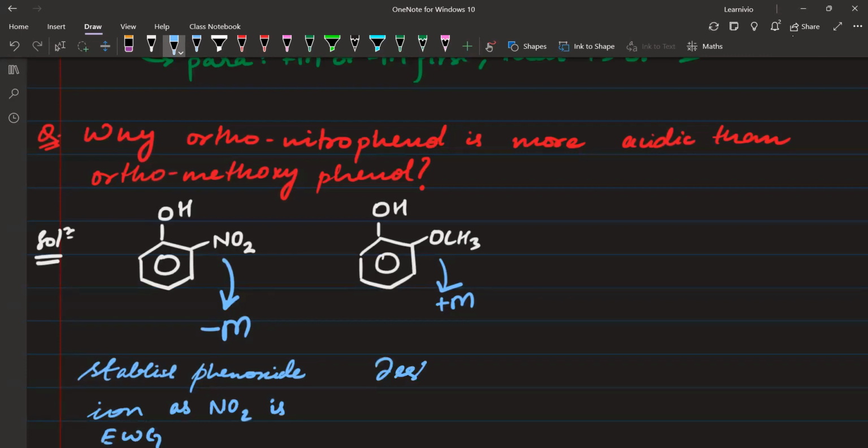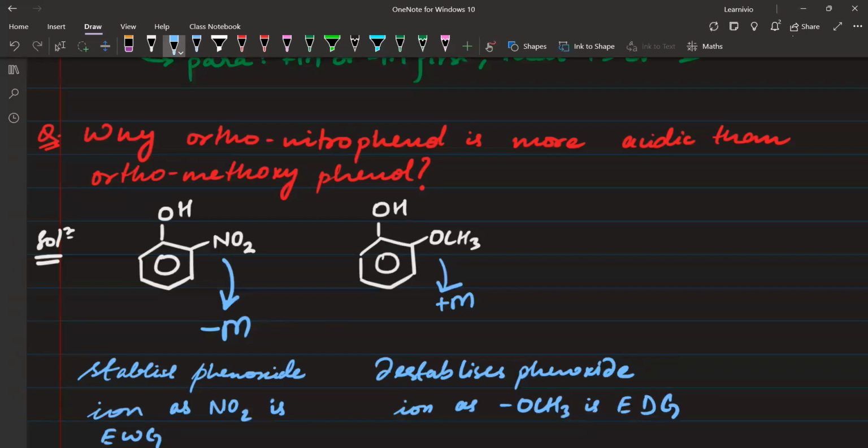This stabilizes phenoxide ion. And OCH3 is an electron donating group, which destabilizes phenoxide ion. So which will be more acidic? The more stable one is the more acidic. So this is going to be more acidic. Okay?